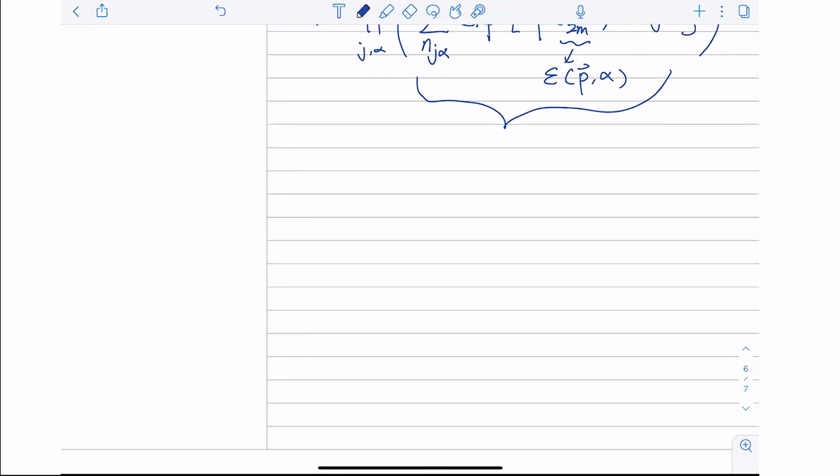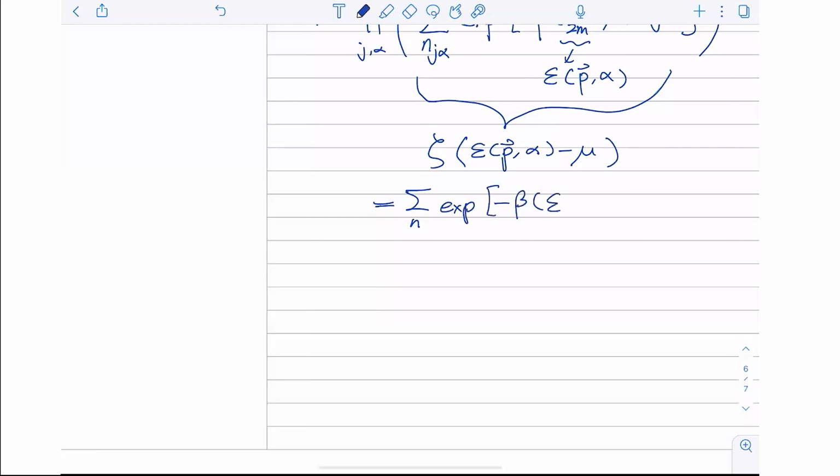Here we'll just express it by this special function theta of epsilon of p alpha minus mu. And this is just the infinite series of this exponential factor.